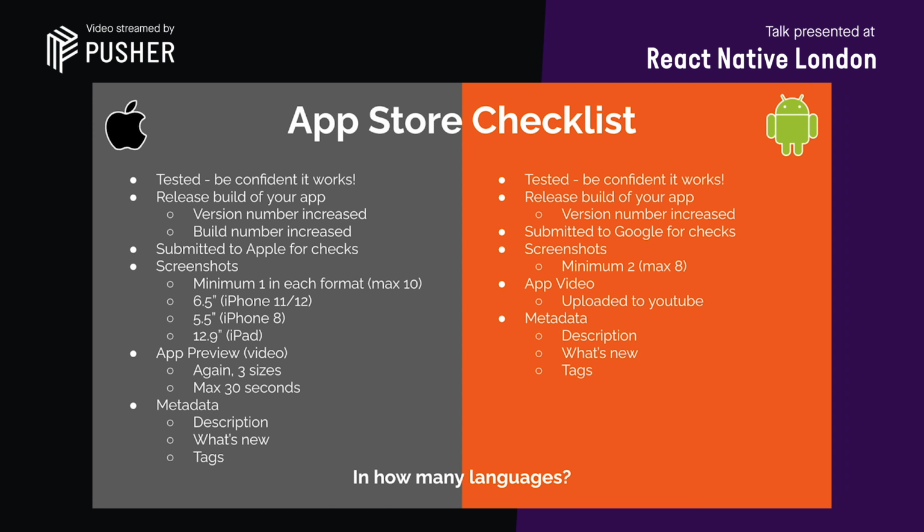So, how are we doing on this App Store checklist that we started with? Well, in theory, we've got those great screenshots that are generated in all the formats we need whenever we push new code. And we've got our promo video being captured, cut, and beautified whenever we push new code.